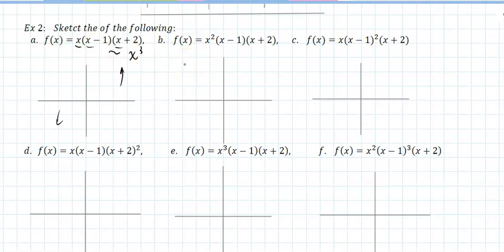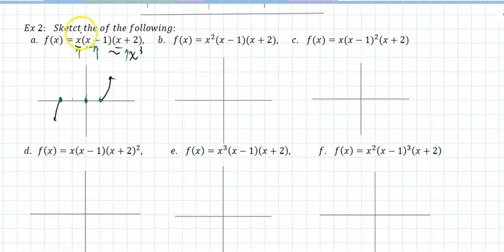The reason for that is you want to figure out where the graph crosses the x-axis. That's at 0, at 1, and at negative 2. Now that I know this, the graph looks something like this.